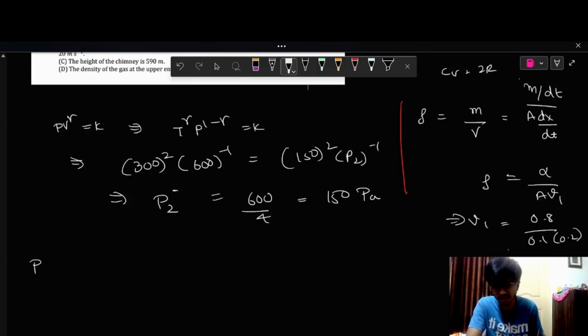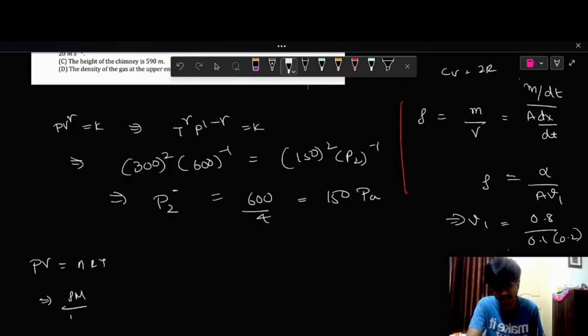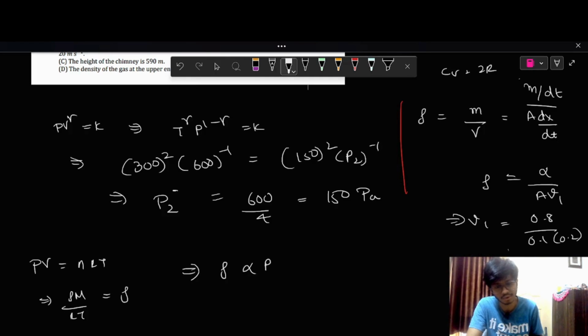Also, PV is equal to nRT, which implies PM by RT is rho, which is density. That implies density is proportional to P by T. So rho 2 by rho 1 is equal to P2 by P1 times T1 by T2.